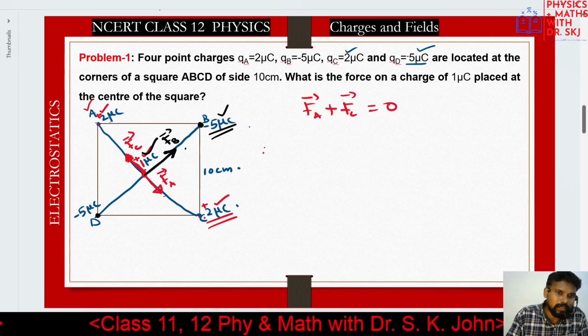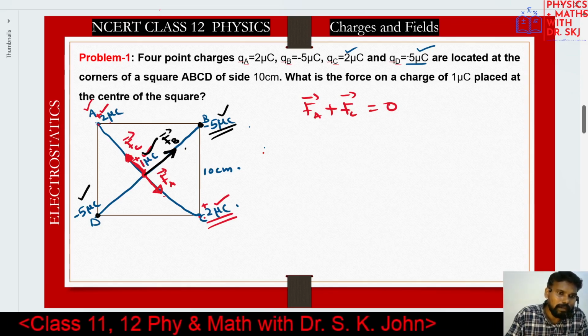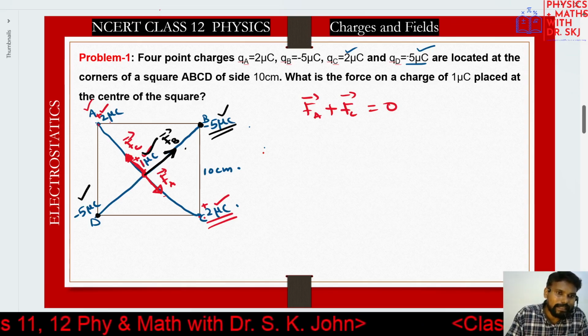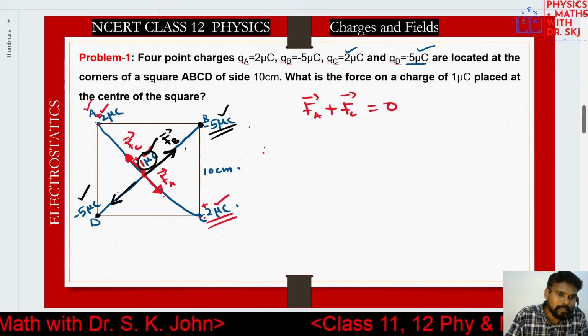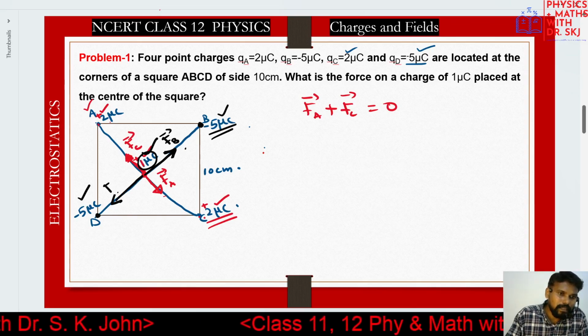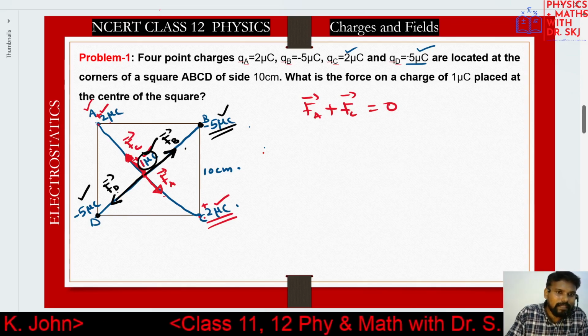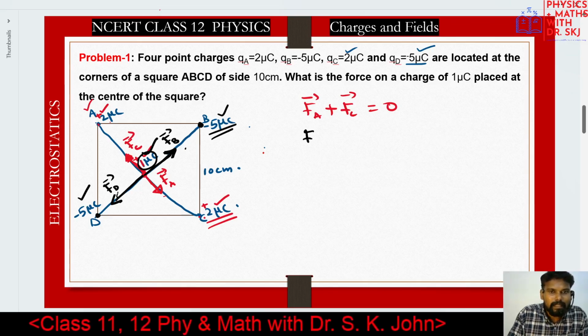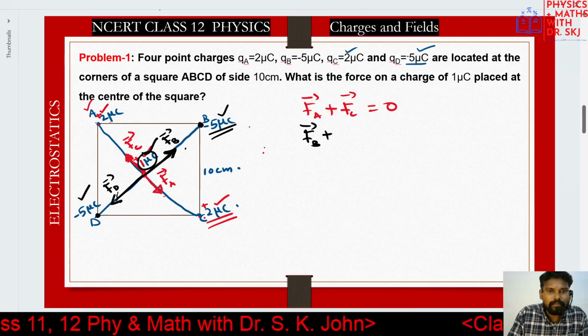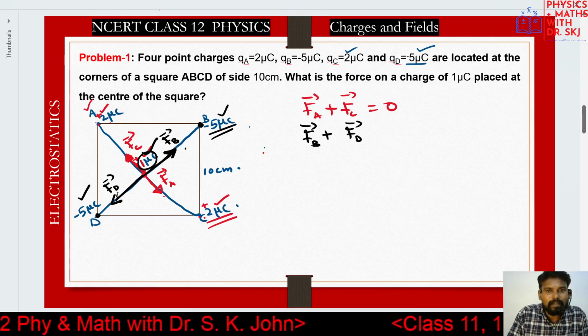This minus 5 also attracts this 1 microcoulomb charge, so the force will be in the opposite direction, FD. These two forces are equal and opposite, so they will cancel each other. That is, FB plus FD will also be equal to 0.